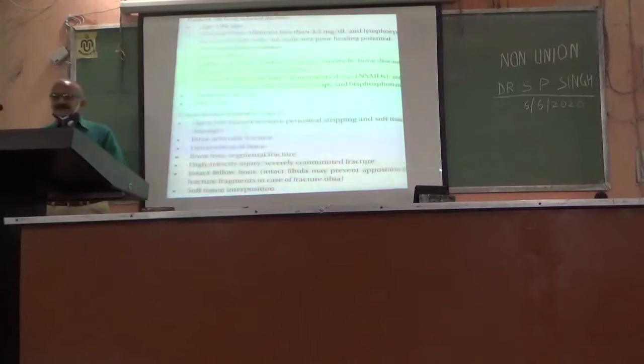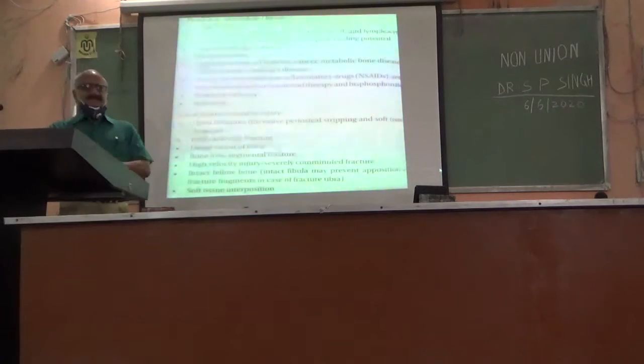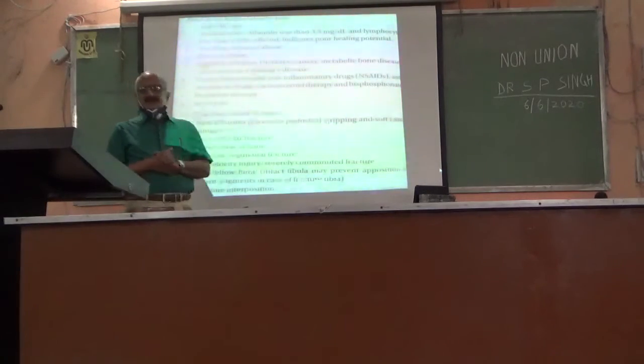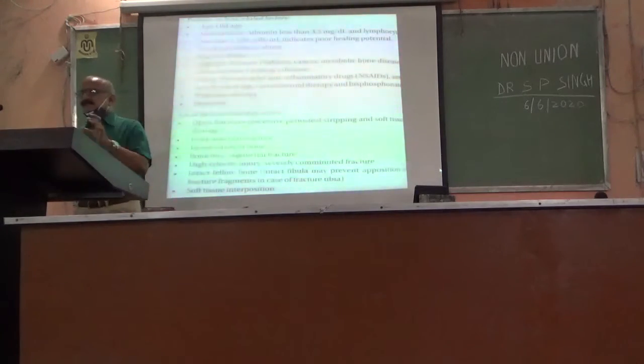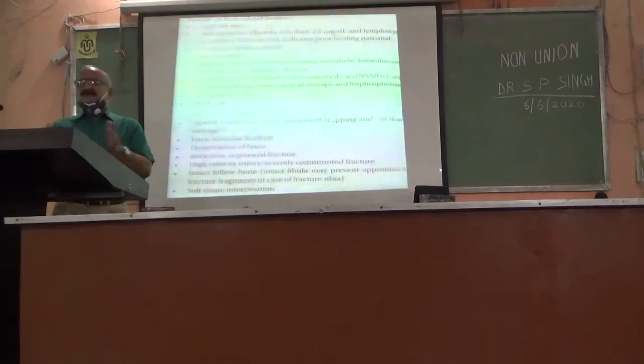Then the second term, as I told you, is delayed union or non-union. What is delayed union? I told you earlier that we have a more or less agreed time of union.